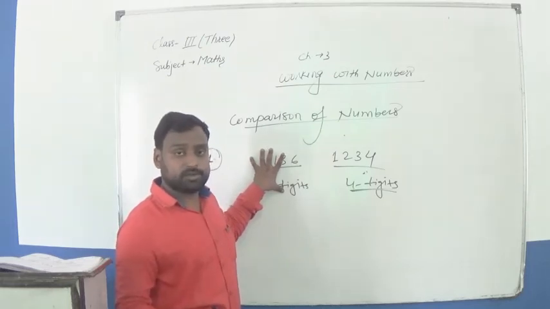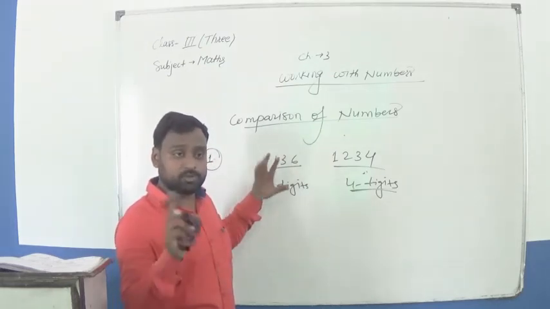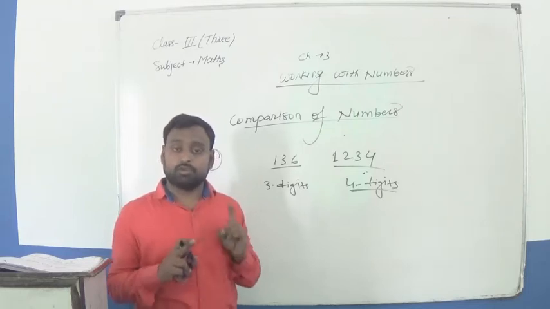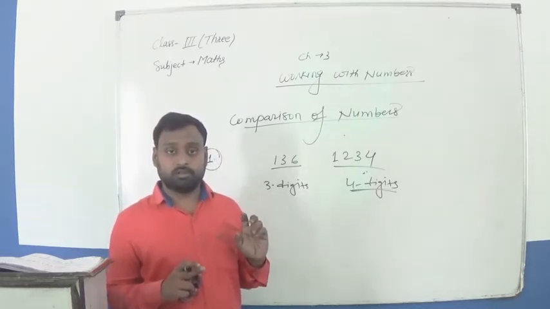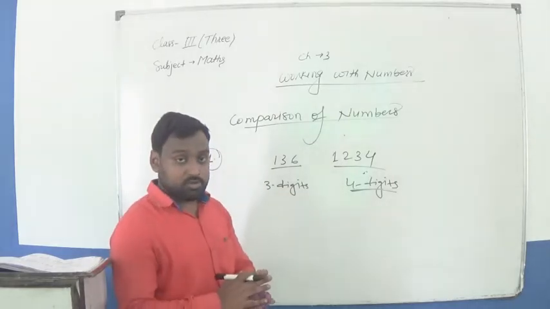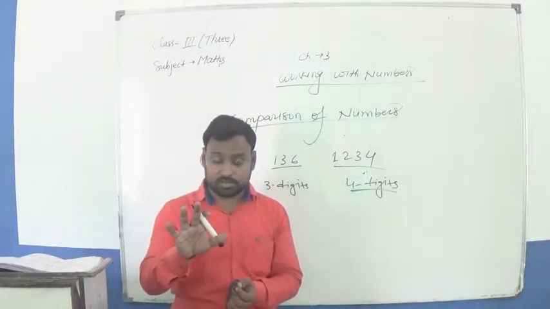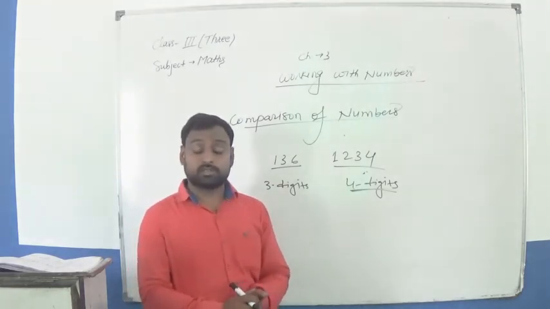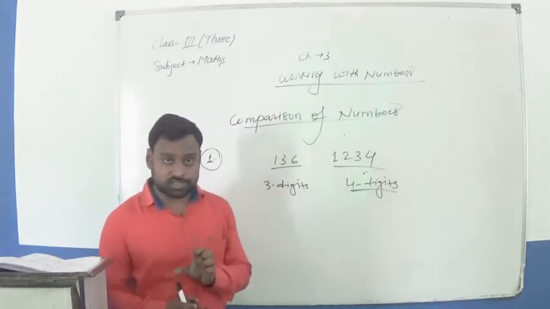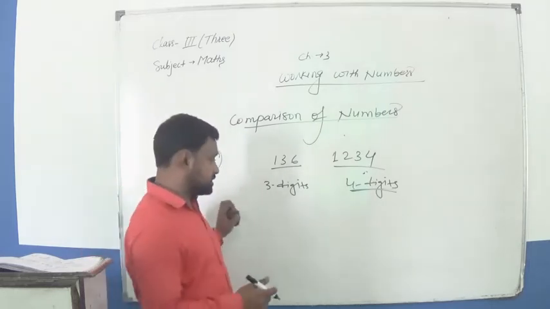When we compare two numbers, first we have to count the digits of the number. The first thing for comparing two numbers, which is greater or which is smaller, is to count the digits.